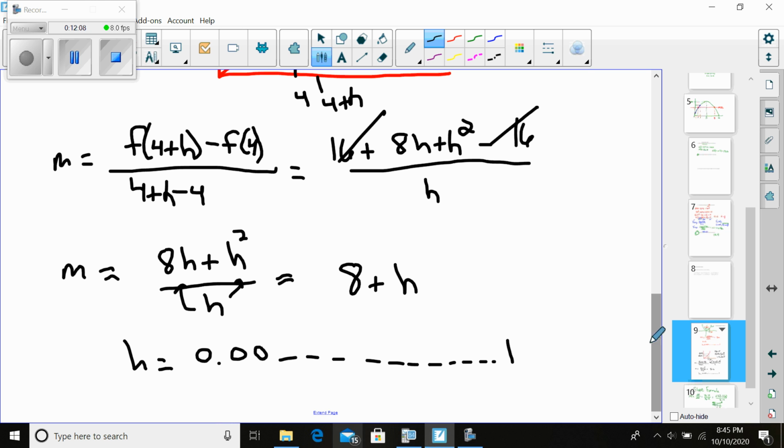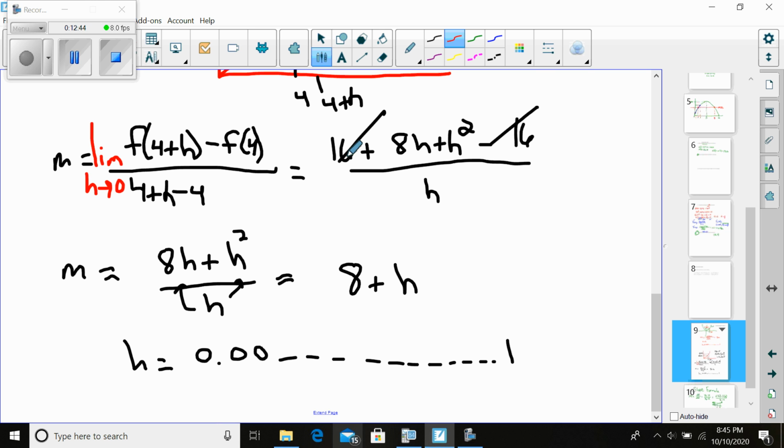All right, so what eventually I'm going to do when I want to find the slope and I decide to use h, right? I decide to add h to that x value to create a second point. What I'm going to do is I'm going to come along here and say, all right, to find the slope, I'm going to do all this, but then I'm going to take the limit as h approaches 0, because h can't be 0, right? Because if h is 0, then I have the exact same point twice, right? And that doesn't work.